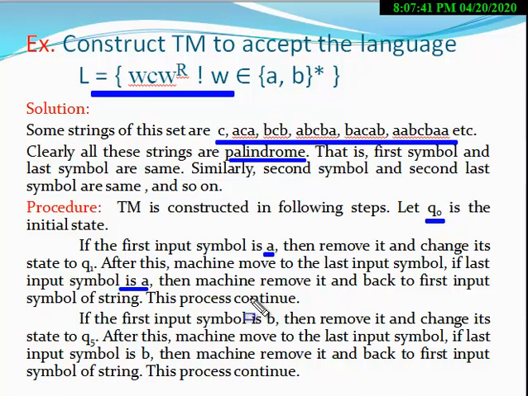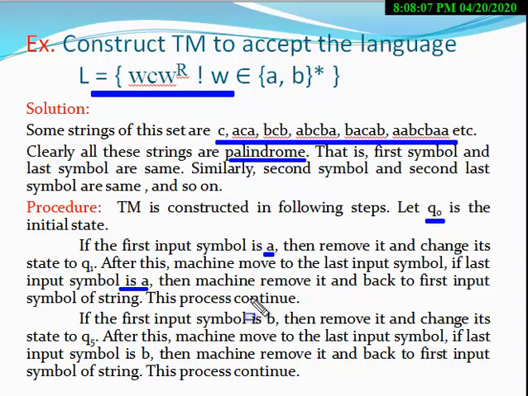If again the input symbol is A, then the machine removes the input symbol A again, moves to the right direction and goes to the last tape symbol. If the last tape symbol is A, then the machine again removes it, moves to the left direction and goes to the first tape symbol.